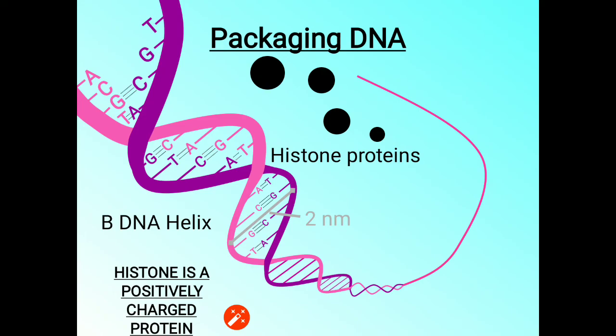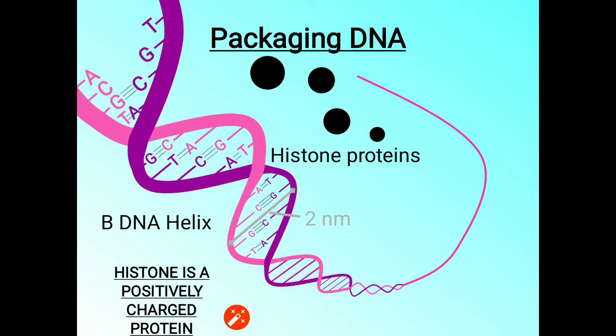Now about packaging DNA. Histone proteins are needed. The H1 histone with the histone octamer forms the nucleosome, over which the DNA strand is supercoiled and helps in getting condensed. Histone is able to do so because DNA is negatively charged and histone is positively charged.